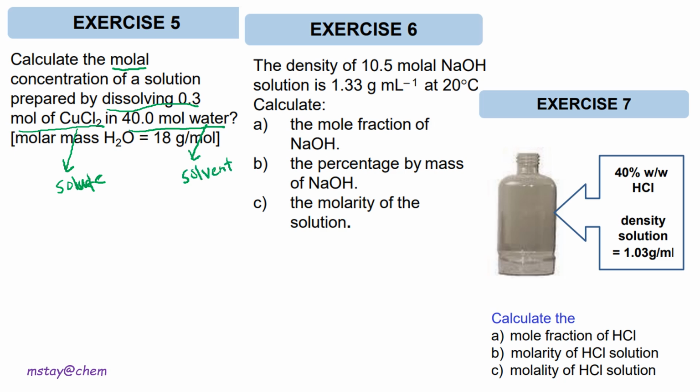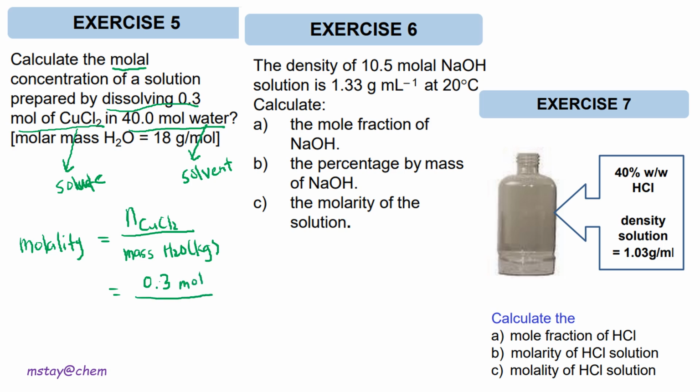First we have to list down the formula for molarity. The formula for molarity is mole solute, which is copper 2 chloride, over the mass of solvent, which is the water, in kilogram. Based on the information given, the mole solute is 0.3 mole.